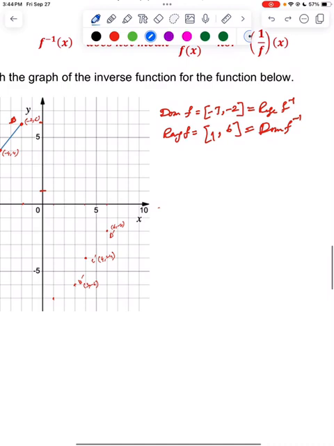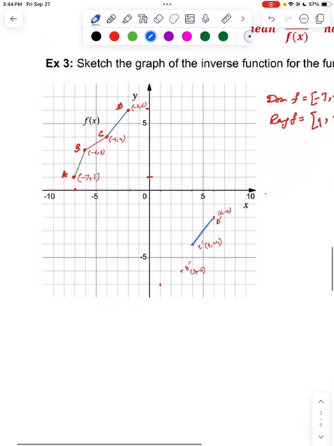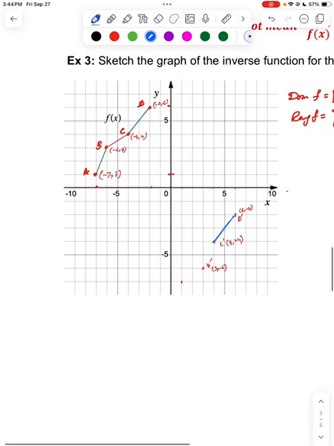Then we had the red one which joined B and C. And then we have the green which joins A with B. Something like this.